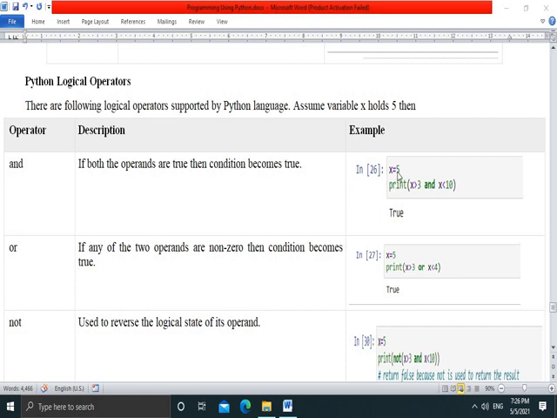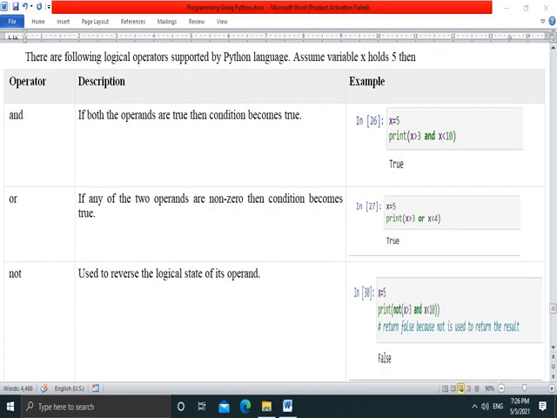Means if you take the example x equal to 5 and you print x is greater than 3 and x less than 10. Here 5 is greater than 3, and 5 is greater than 3 and less than 10. So the answer is true. Or: if any of two operands are non-zero, then the condition becomes true.